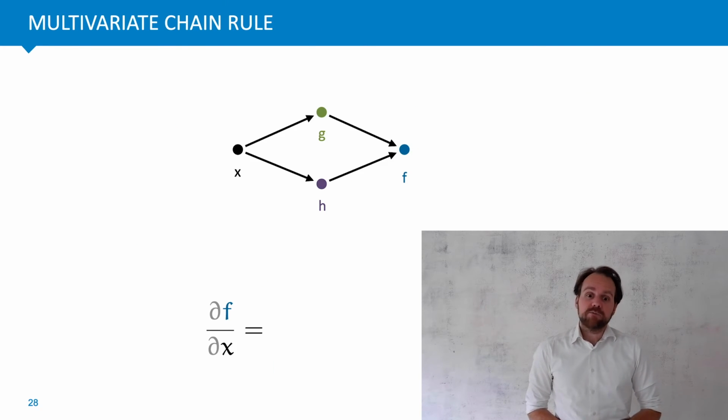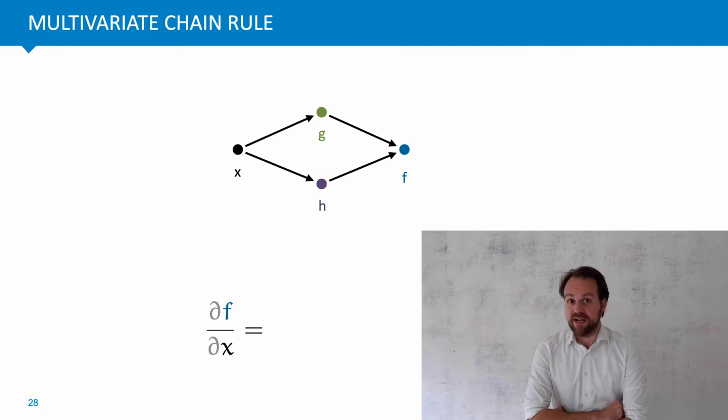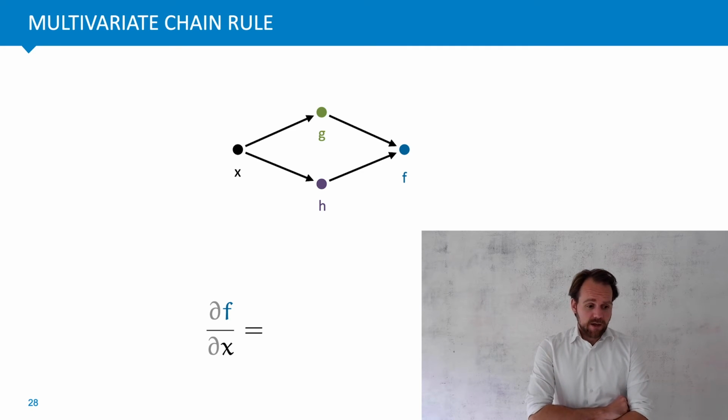Now, we might run into some more complicated computation graphs along the way. So one situation that we need to deal with is the situation where our computation graph looks like this, has the shape of a diamond. So what we see here is two computation paths running from x to f through two functions g and h.